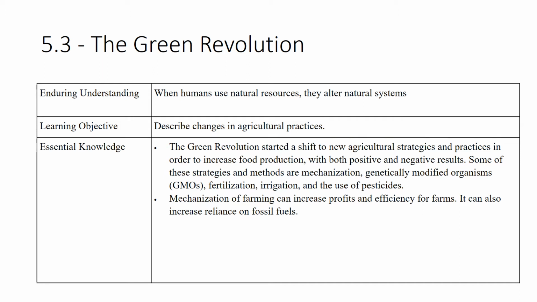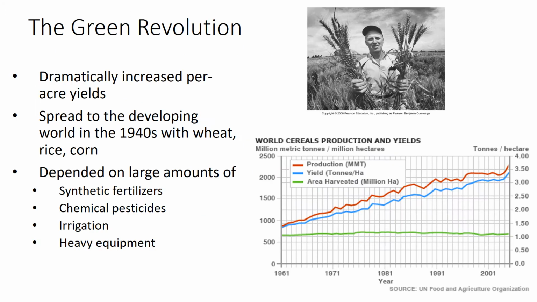And really, the biggest effects happened when the Green Revolution came around the 1940s, 1950s. And so there's this major shift in agricultural practices, and those have massive effects environmentally. The Green Revolution dramatically increased per acre yield.